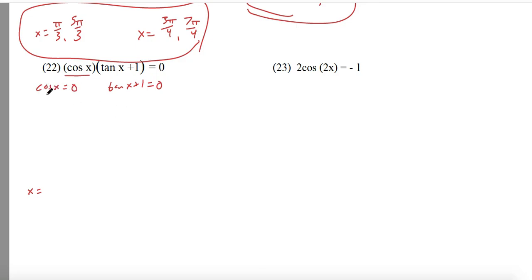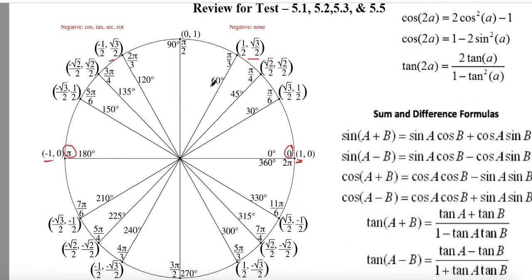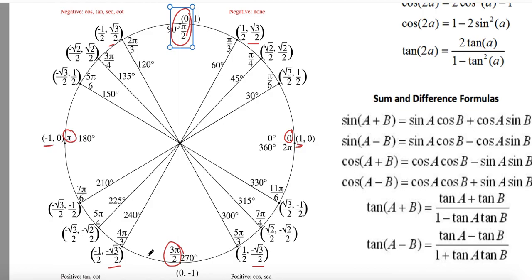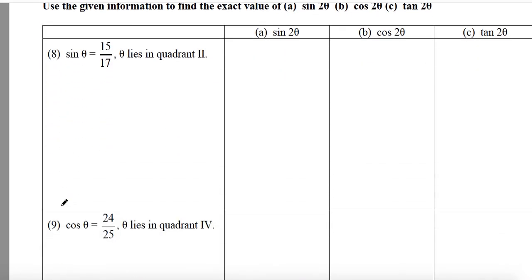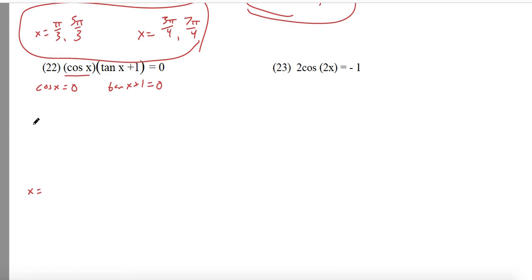This is already solved, so it's unit circle time. We're looking for where cosine is 0 now. So cosine is 0, cosine is the x, 0 right here and down here. So we're looking at pi over 2 and 3 pi over 2 as our two answers for that one. So we've got x equals pi over 2 and 3 pi over 2.